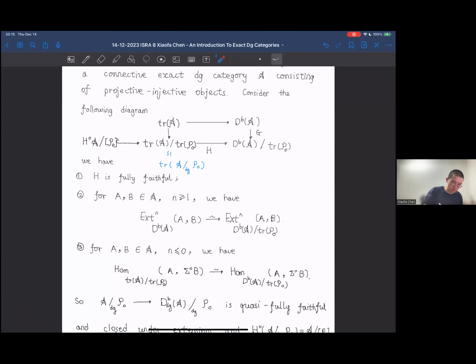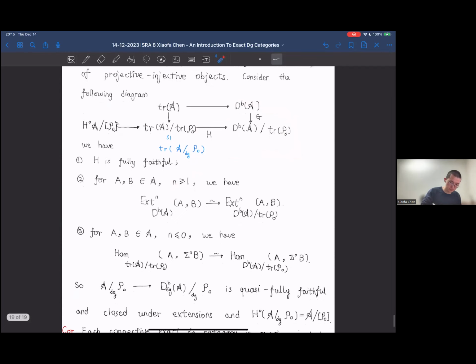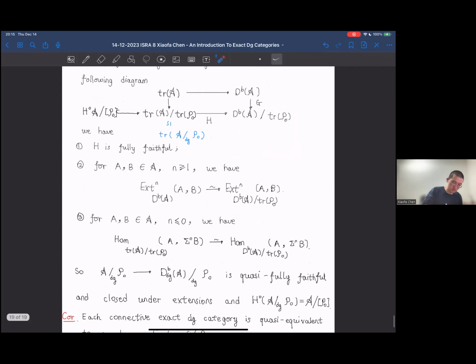For n less than or equal to 0, the negative extensions between A and B are isomorphic to the negative extensions between A and B in these two categories, where the objects are in A. And for the higher extensions, higher than 1, they are isomorphic between objects in A. Because this is the DG quotient of A by P0, this means that the canonical morphism into a pre-triangulated DG category is quasi-fully faithful and closed under extensions.